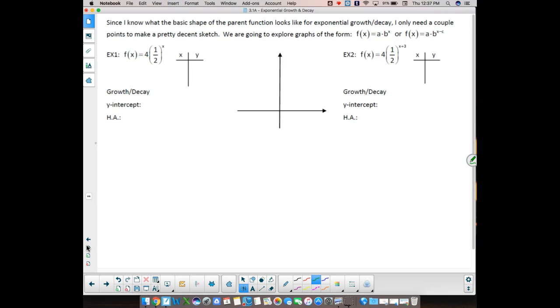So, I will do the first one, example number 1, in blue. Okay? So that's going to be my blue graph. What values, I want my exponent to be equal to 0 and I want my exponent to be equal to 1. So what values of x make my exponent 0 and make my exponent 1 in example number 1? What values of x make it 0 and what values of x make it 1?